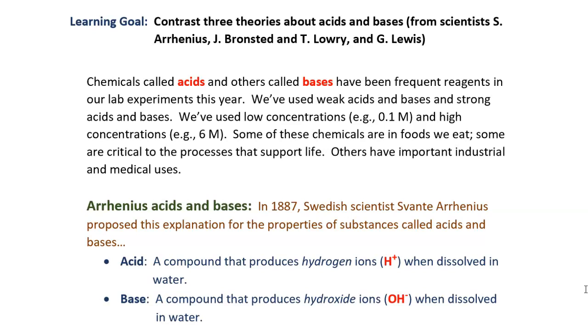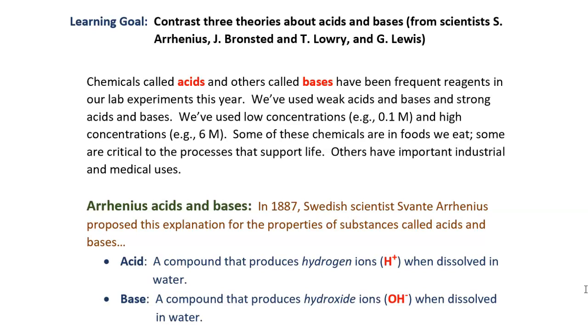Let's look at some different definitions of acids and bases from three different scientists. First, we'll look at Arrhenius acids and bases, because this is the understanding of acids and bases that we've already used earlier this year. In 1887, Swedish scientist Svante Arrhenius proposed the following explanation for the properties of substances called acids and bases.